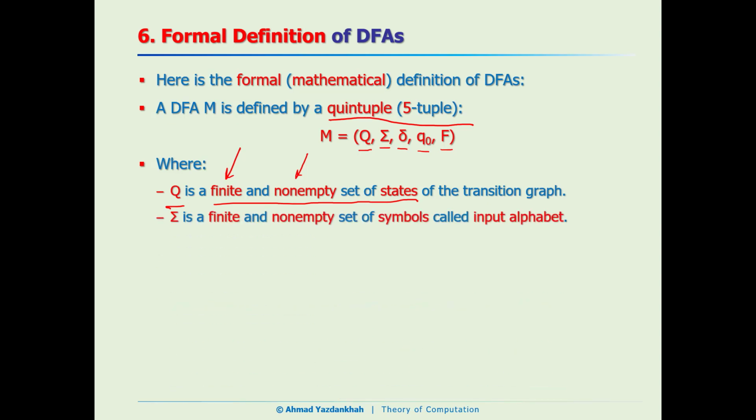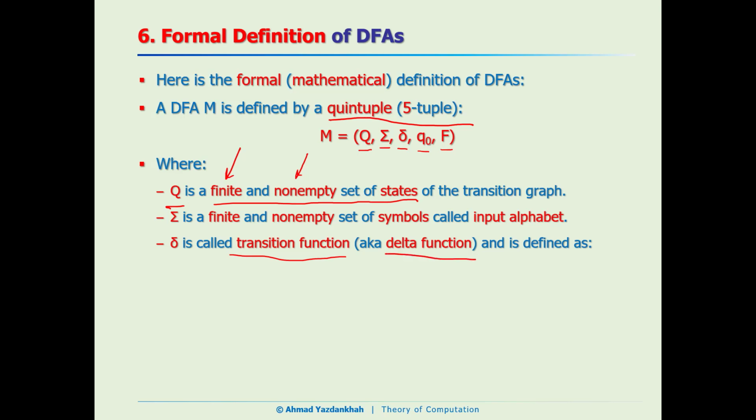So the Q is defined. What is the sigma? The sigma is a finite and, again, non-empty set of symbols, and this is called the alphabet, and we are so familiar with that. What is delta? Delta is the transition function. We will discuss that in detail in the next slide. So it is called the transition function or delta function. And it is defined like this.